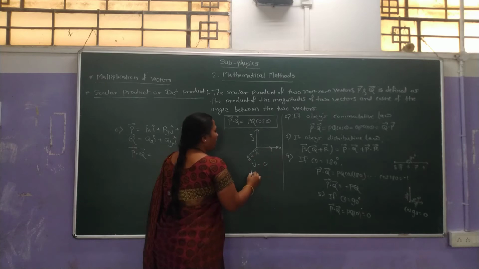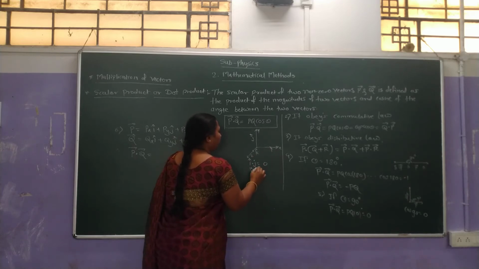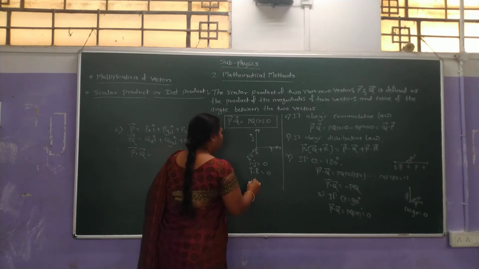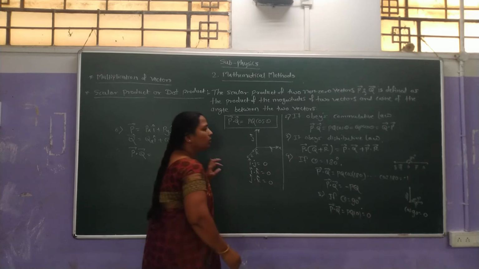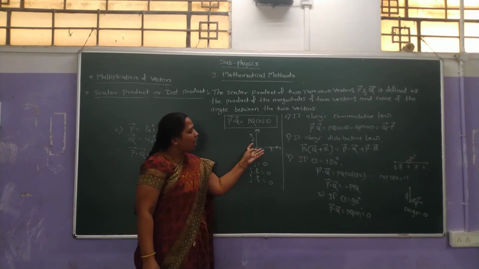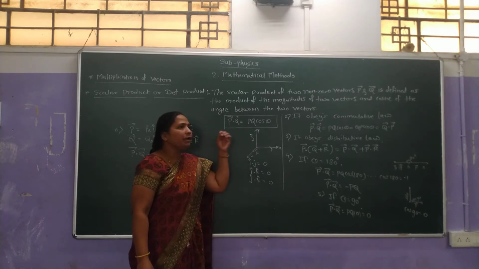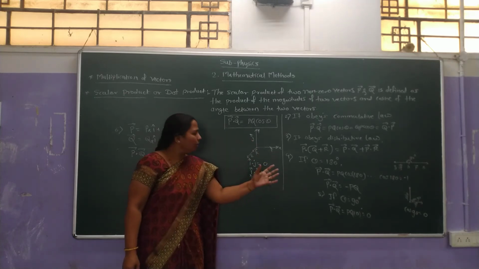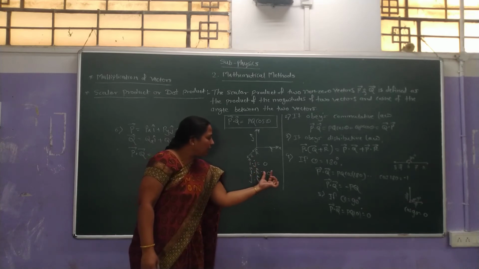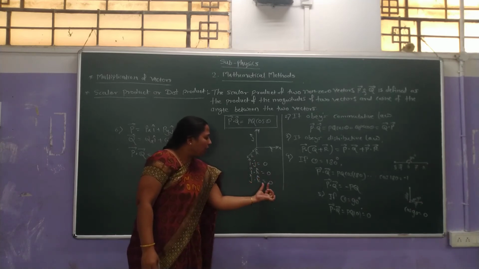I dot k and j dot k are also equal to 0. Two vectors that are perpendicular to each other have a dot product of 0. Therefore, i dot j is 0, i dot k is 0, j dot k is 0.